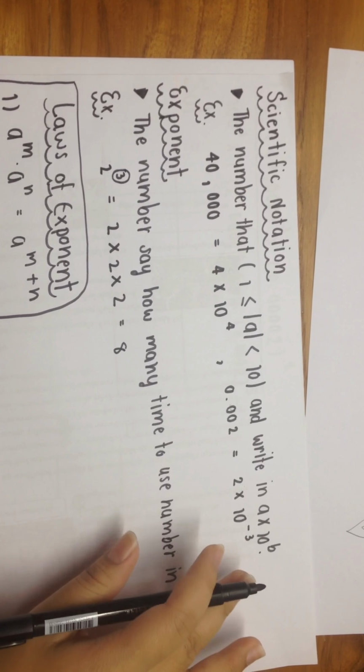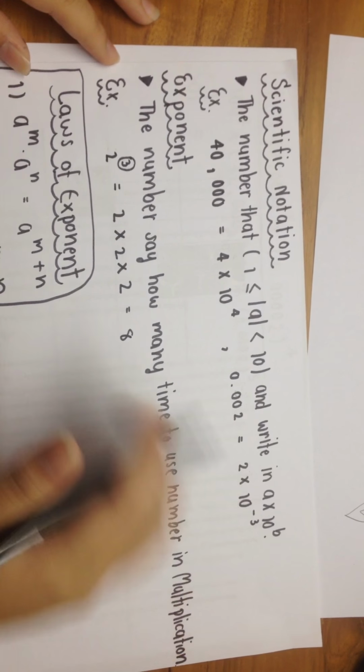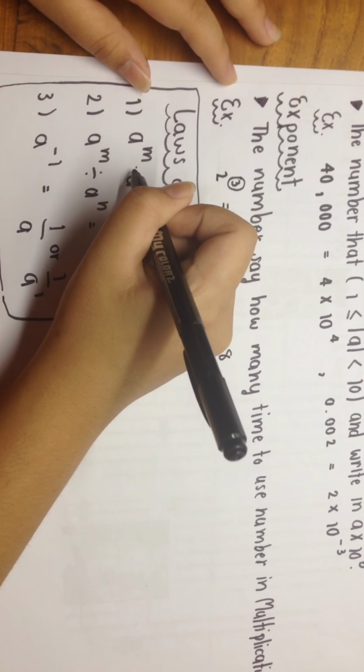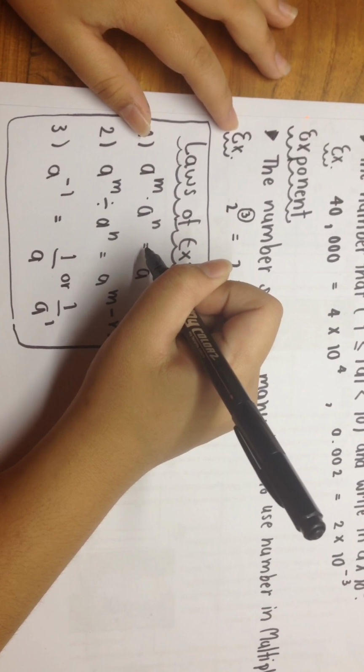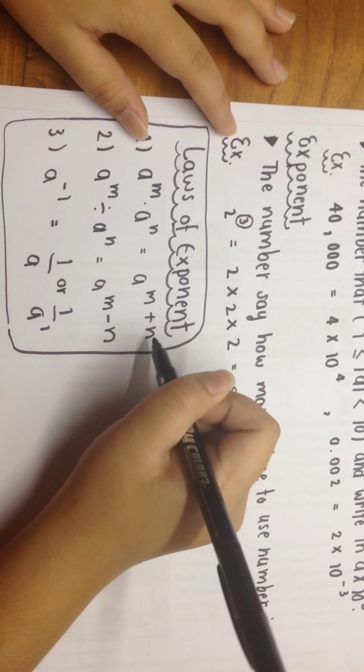And we must know about the laws of exponents. First, a to the power of m times a to the power of n is equal to a to the power of m plus n.